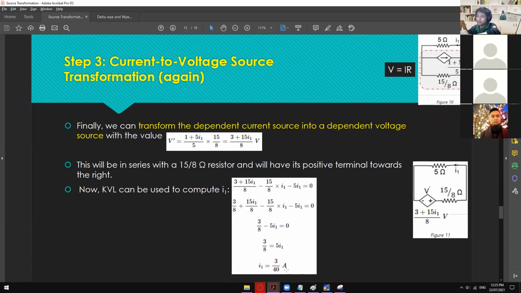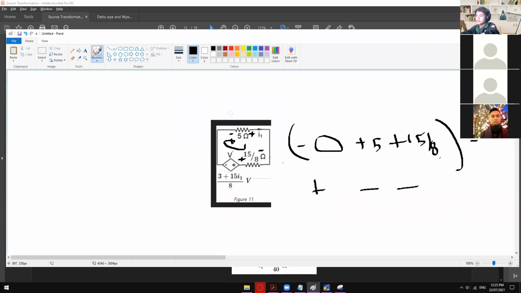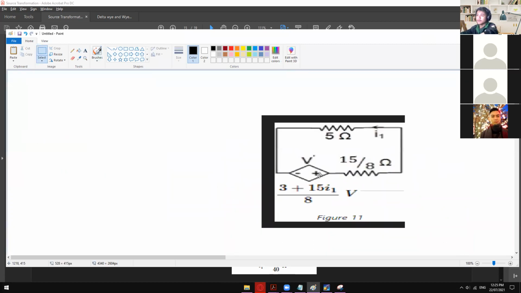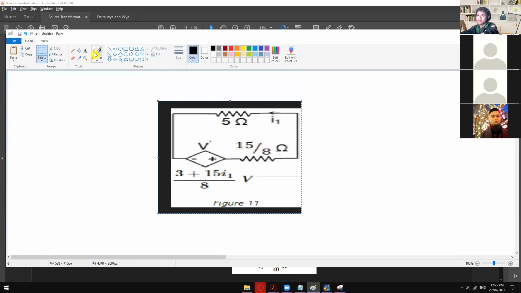So again, if you got a negative current, just make that one positive, and then just change the assumed direction of your current. Kasi hindi yun yung tama. So in here, the correct flow of current is counterclockwise.